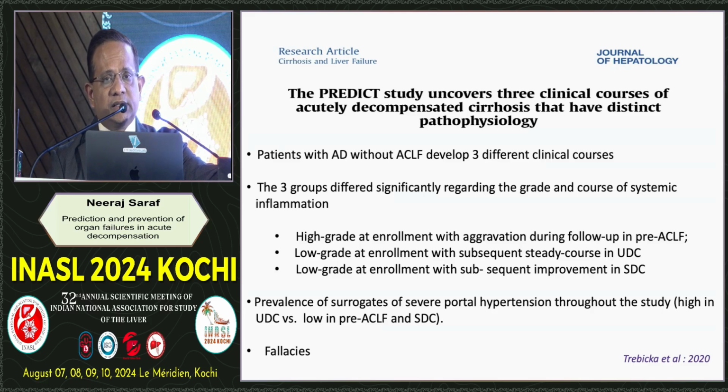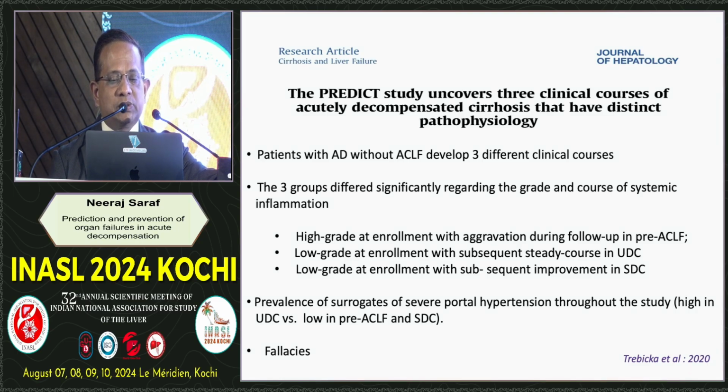Now, when initially I talked of the various phenotypes of acute decompensation, this is a study published in 2020 in the Journal of Hepatology, which came out with this concept of 3 clinical courses of acute decompensation of cirrhosis. So patients with AD without ACLF develop 3 different clinical courses.